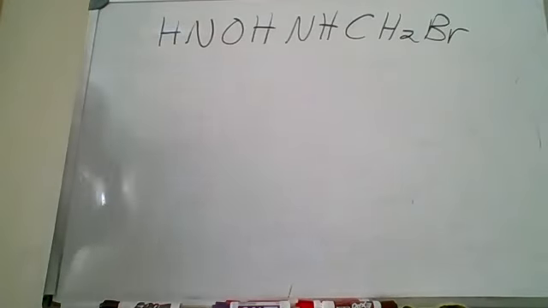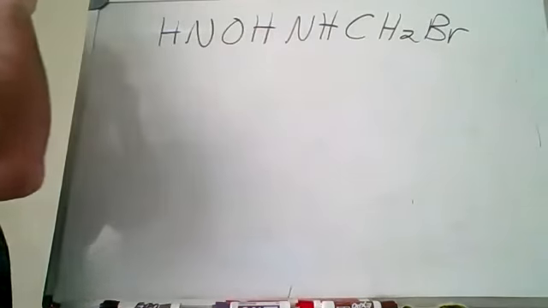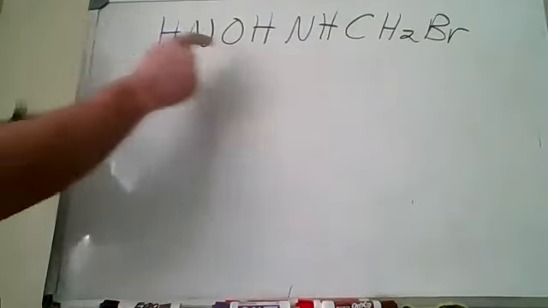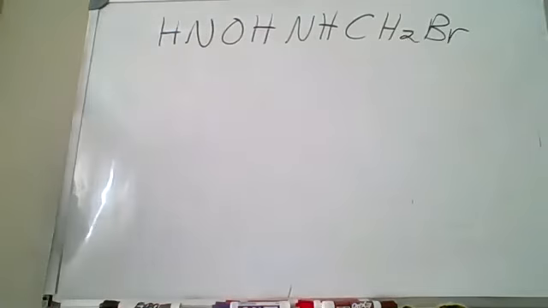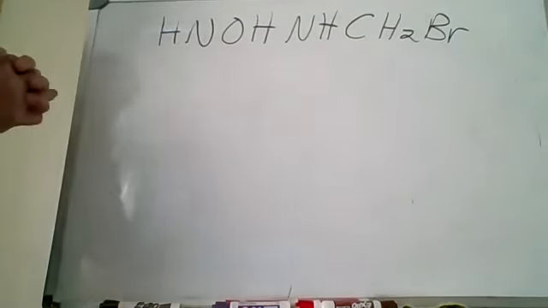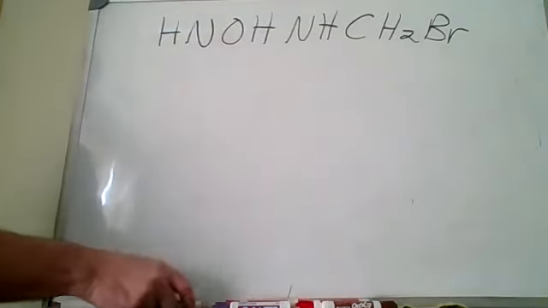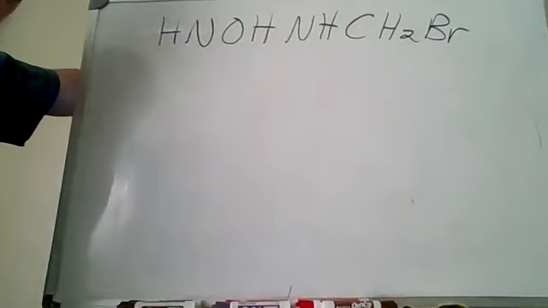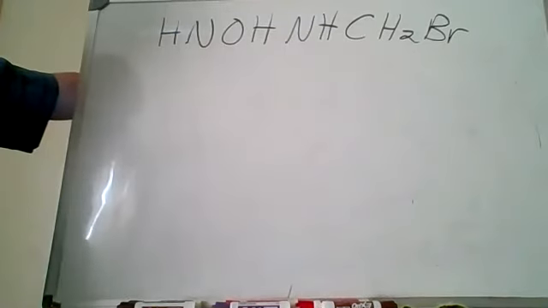Okay. Well, let's see. I see an OH here, so maybe an alcohol. I see 2 nitrogens, but they're not NH2. Now, actually, this brings up something that we talked about last class when we went over the rules for drawing structural formulas.